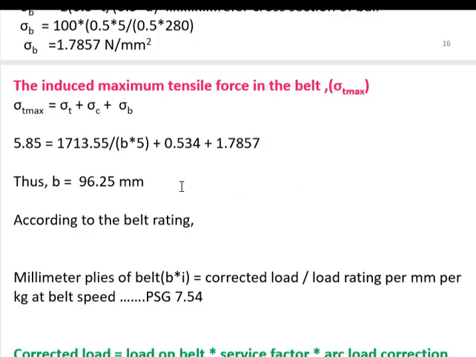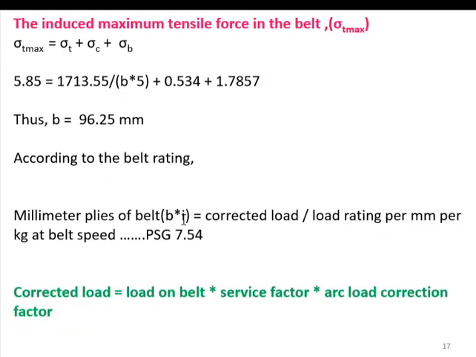Once B is known, we need to calculate parameters that are associated with width of the belt, which is represented by B. Now the parameter that is represented by B is called as I, that is plies of belt.